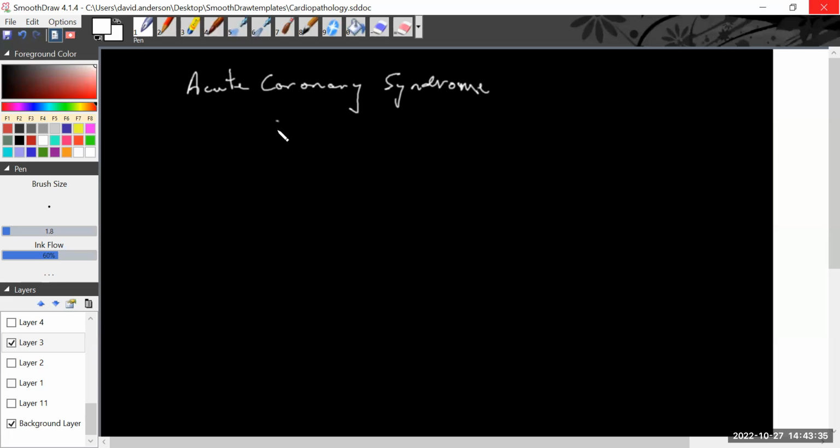So all of our signs and symptoms are due to a decrease in blood flow in those coronary arteries. And examples of these types of conditions that would fall under acute coronary are the ST or the non-ST.